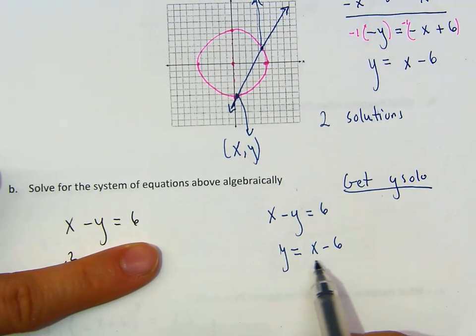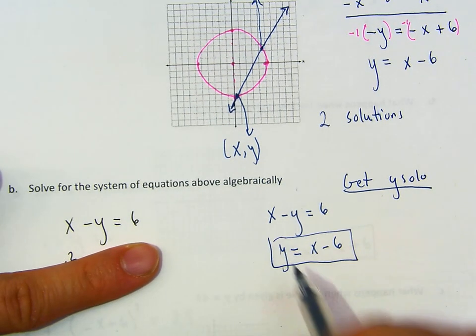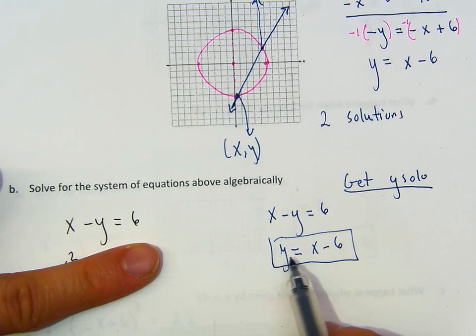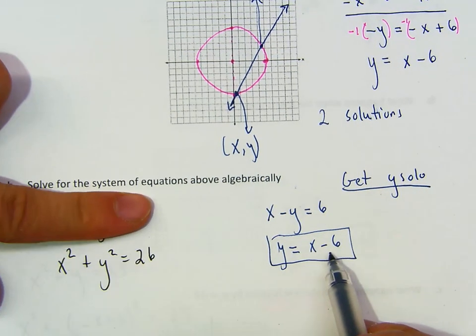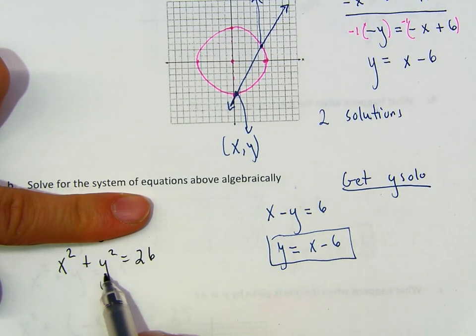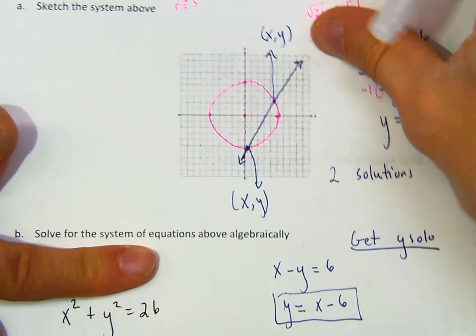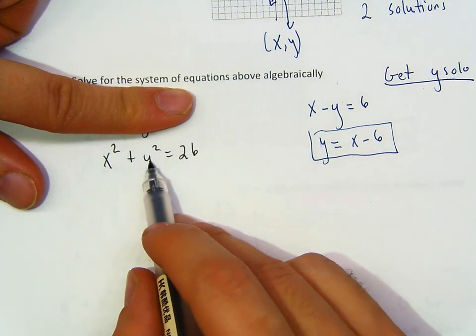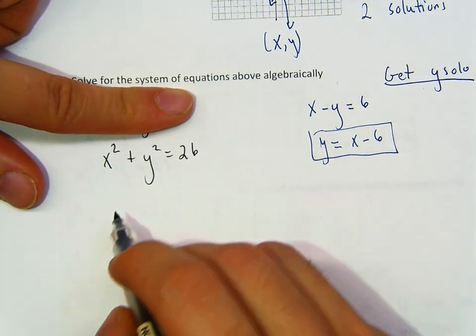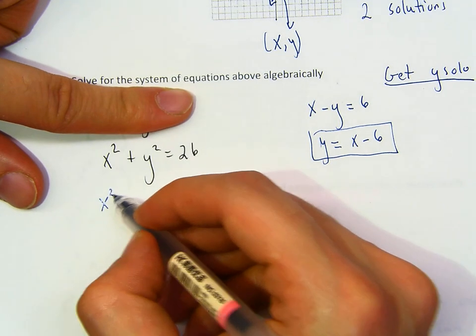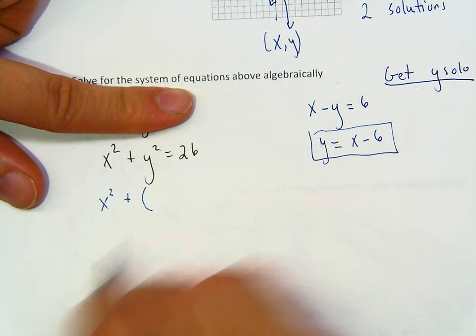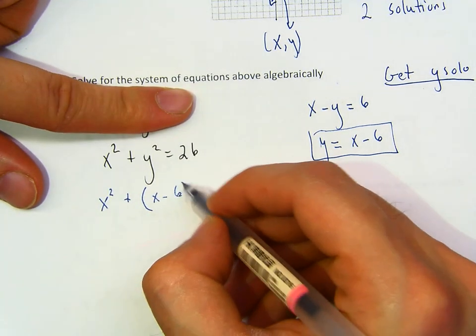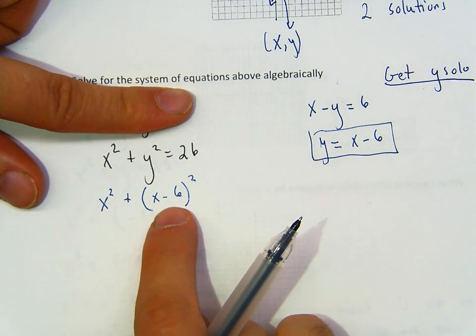So the idea is, if you know y is equal to x minus 6, you're going to take this y equals x minus 6 and plug it into the other equation. So anywhere you see y, you could plug in this x minus 6. So now we just have x squared plus parentheses x minus 6, the whole thing squared, right? This is your y.